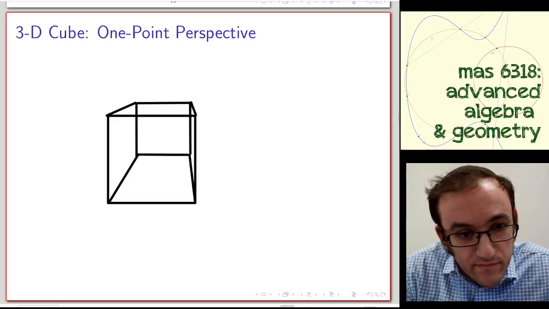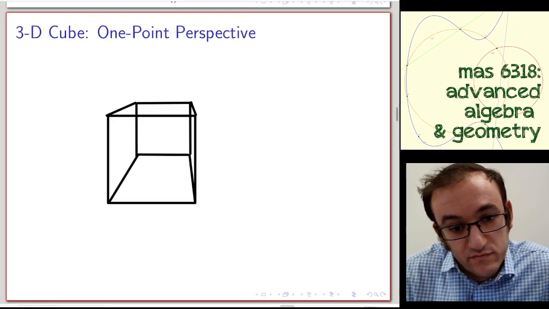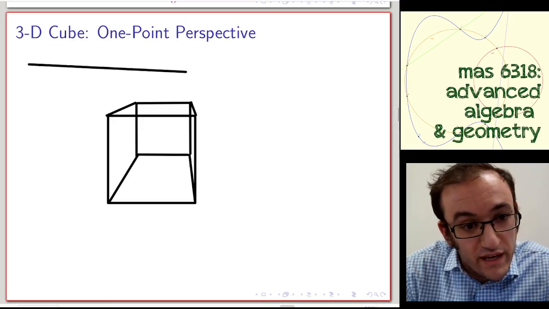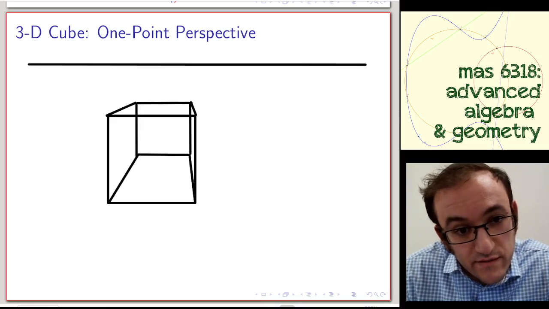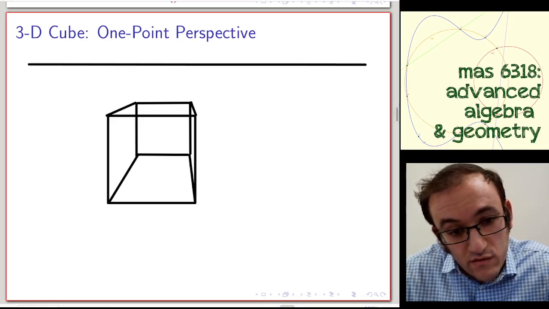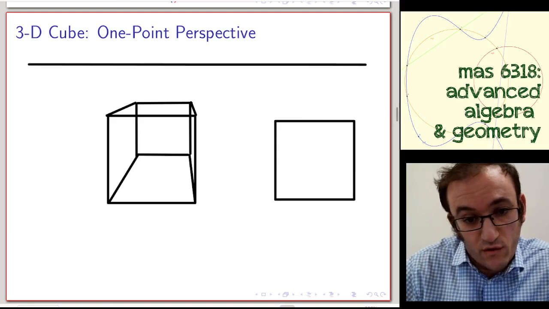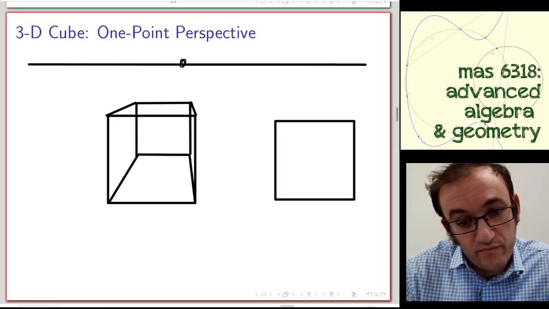You could do a similar thing with a different type of perspective. You know, let's say the point was far. Let's say the point on the horizon was far away from where your square is. Okay, so we'll get something like this. Let's do that here.